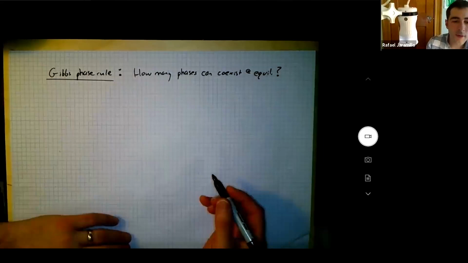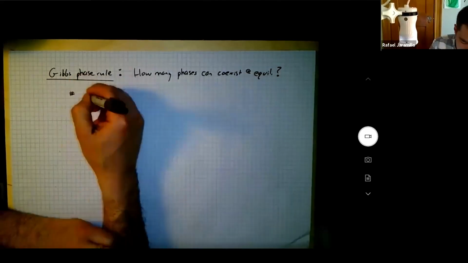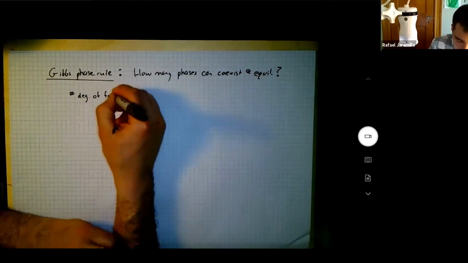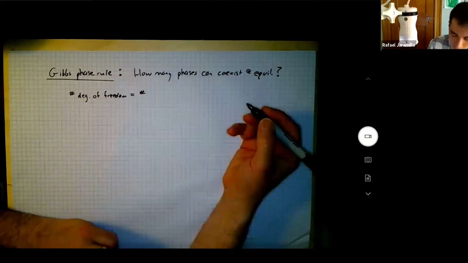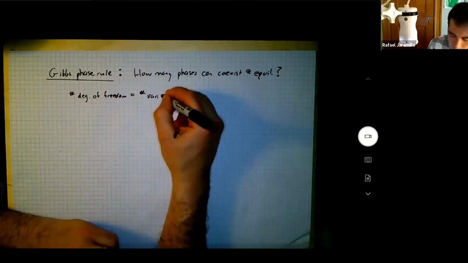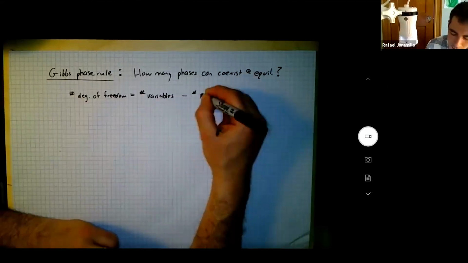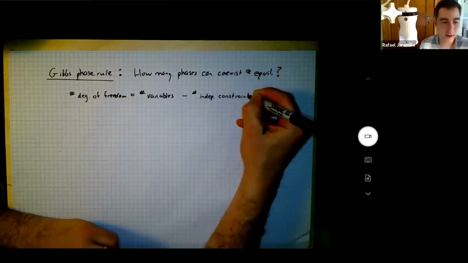So Gibbs phase rule is a linear algebra problem. It's like this: number of degrees of freedom equals number of variables minus number of independent constraints. So hopefully this is familiar from linear algebra.